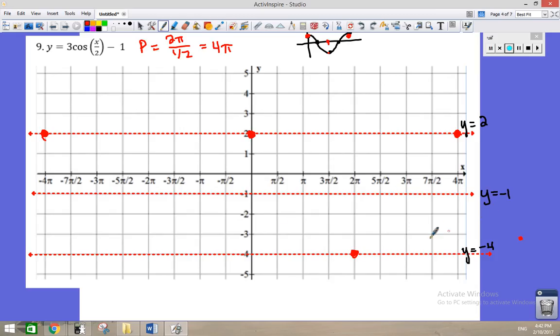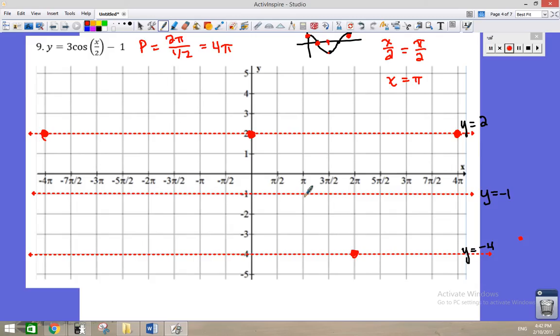Now I believe that the halfway distance between this max and this min, which is easy to see right now, that's pi, and I believe that's going to be the first time that I cross my center line. This x coordinate here is pi over 2, so if x were allowed to be pi, when I replace it, I'd have pi over 2, and I'd be at my center line.